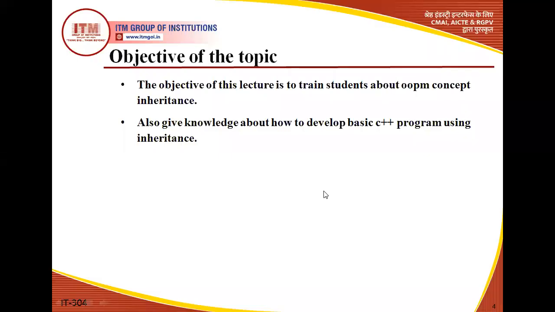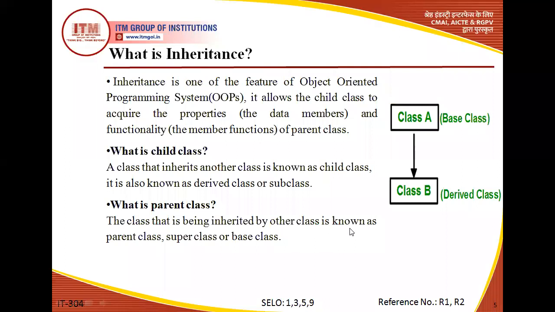Now, let us move towards the topic, understanding slides. First of all, we can see what inheritance is. This concept I have discussed in my previous lecture videos, but here I am taking this topic in detail.